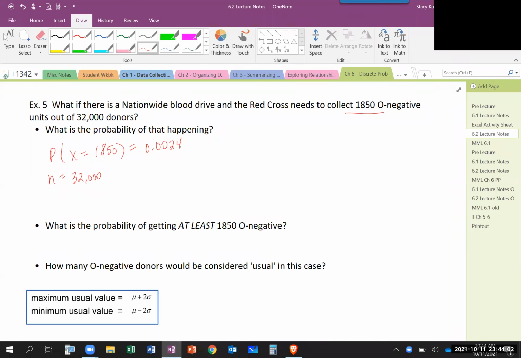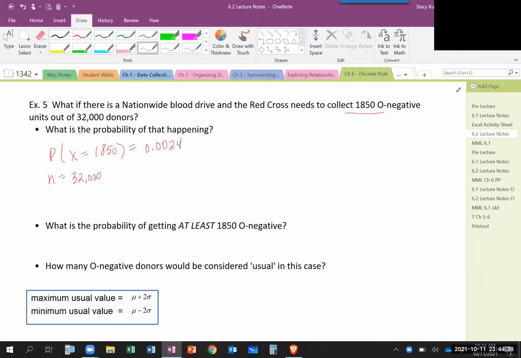If I know I can get 32,000 people to come to the blood drive, what's the likelihood of me getting 1850? Really strong? No, it's not even at 1%. It's less than 1%. 0.2% is kind of unusual for me to get 1850, which is what we said before, right? It's kind of unusual for you to get an exact number.